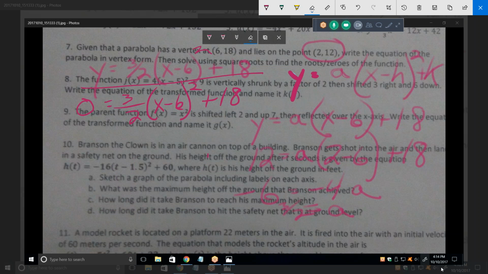Now we need to solve that. So what's the first step in solving this equation? So you subtract 18 from both sides.